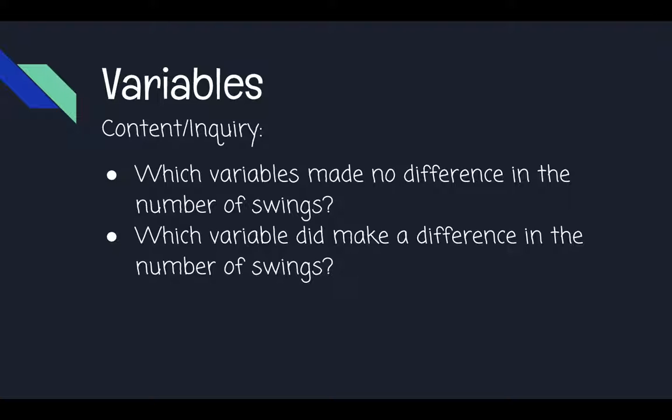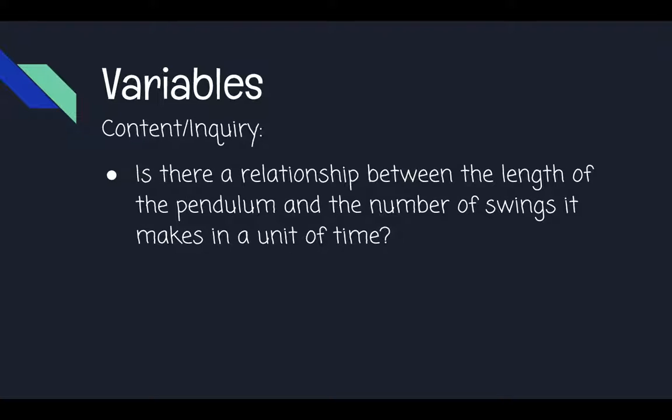If not, we will move on to other things to try. And the final question to add to your content inquiry page is: is there a relationship between the length of the pendulum and the number of swings it makes in a unit of time? And the unit we used was 15 seconds. So that is all that needs to be added into your content inquiry pages for today.